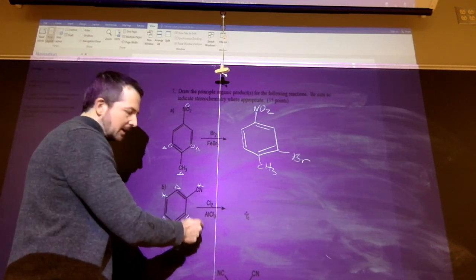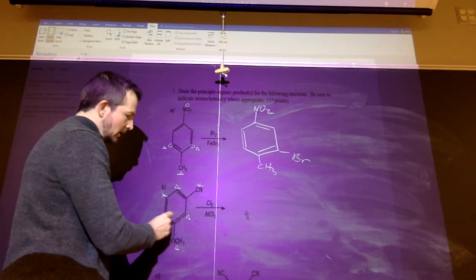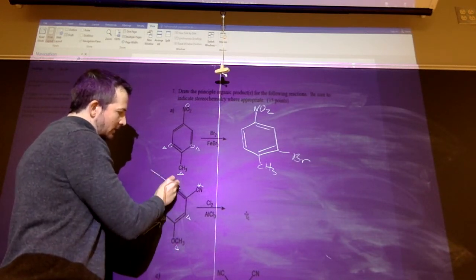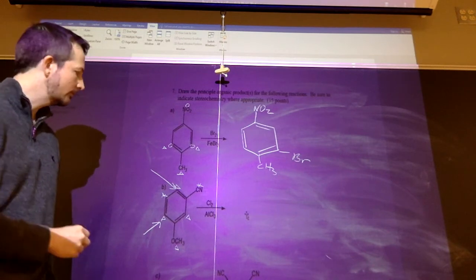Rarely do you see substitution take place in between the 2. So that means you'll see substitution here and here.